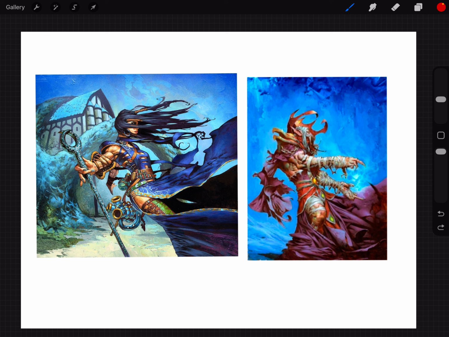So what I think he does very well is these dynamic shapes. He does this dynamic flow. And if you look at these two images, in a lot of ways they're very similar to one another. You have this figure where the gesture almost feels like it's falling backwards, right? From the left to the right.